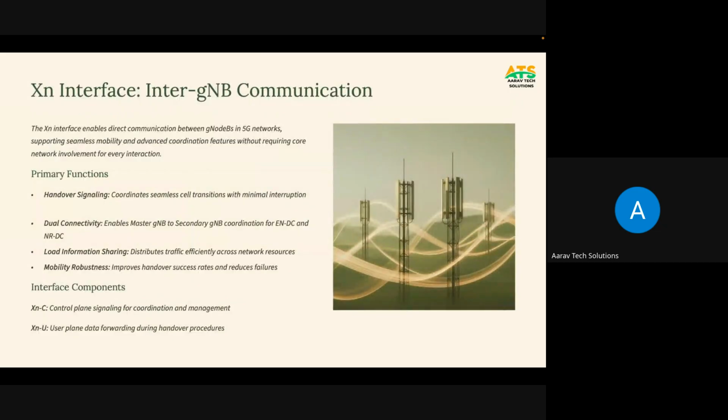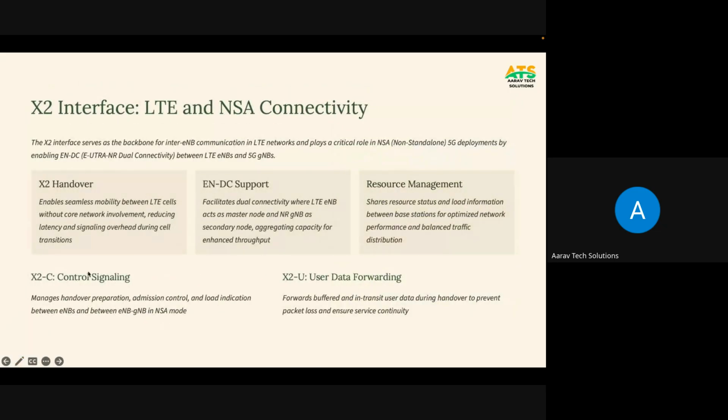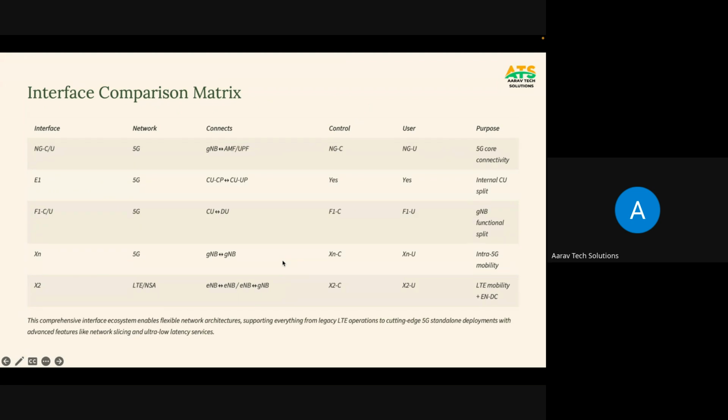In each and every slide, I have mentioned the control plane and user plane components also. So this is how we talk about the interfaces, and this is the tabular format for better understanding. I put one tabular format where you can see each and every interface, which technology it supports. Like X2 is the only interface which takes care of the NSA strategy.